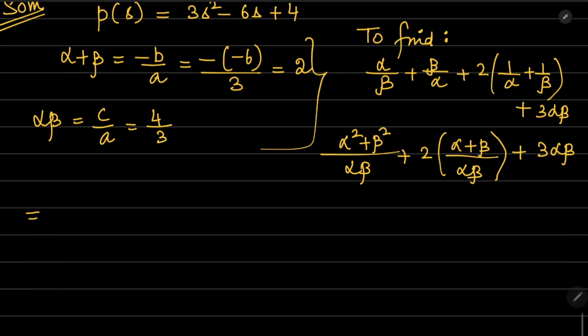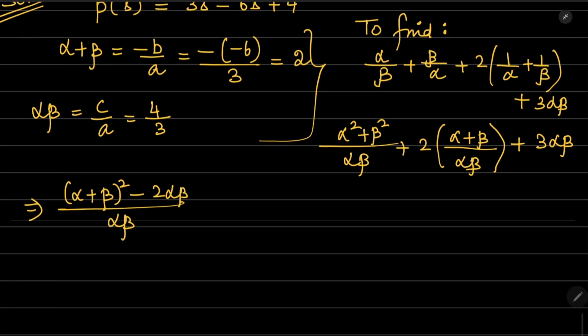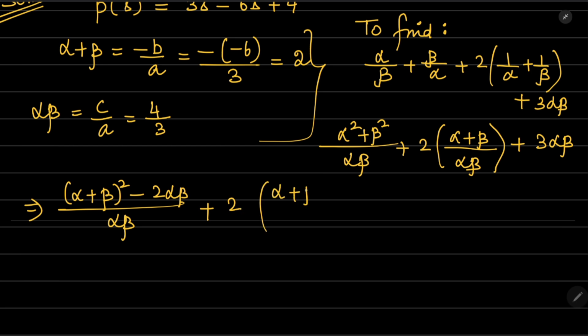It is alpha plus beta the whole square minus 2 alpha beta, whole divided by alpha beta, plus 2 multiplied by alpha plus beta divided by alpha beta. And then the last third term is 3 alpha beta.